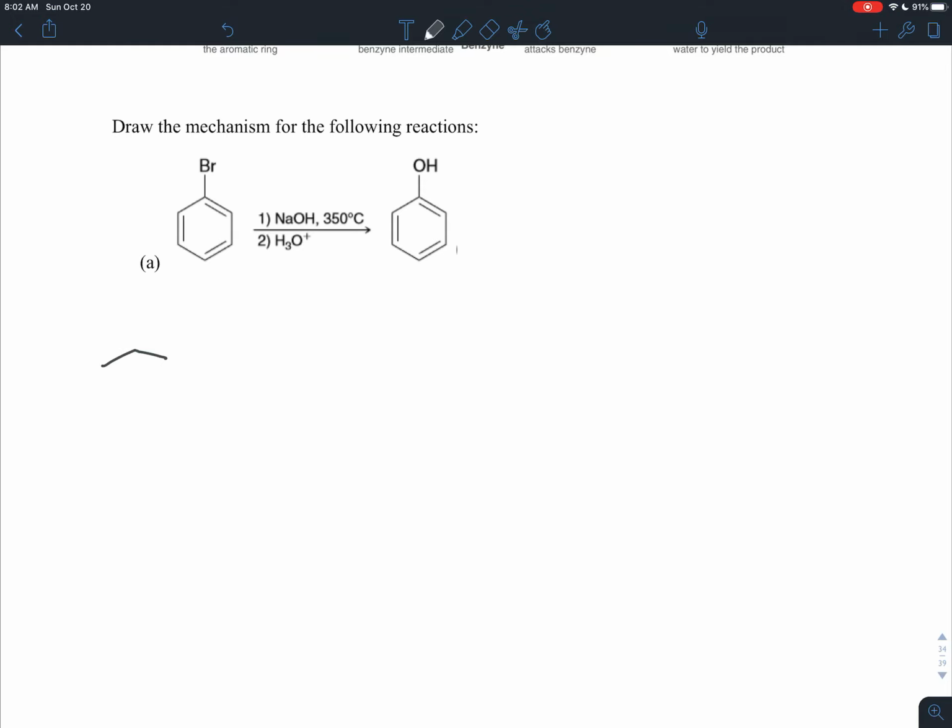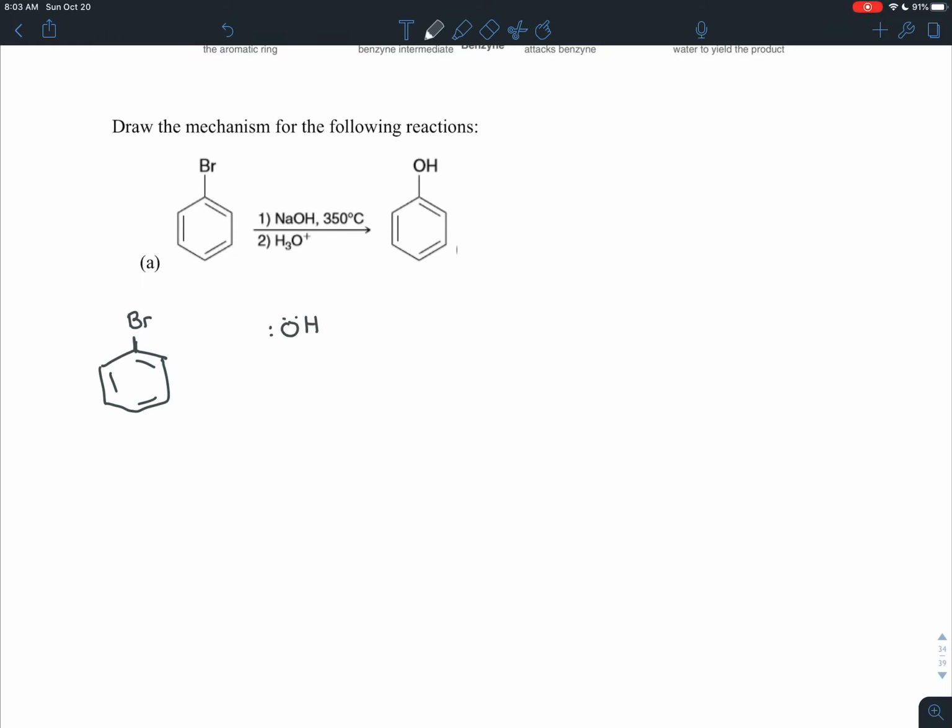Okay, well, let's think about how that could happen. We have our benzene with our leaving group and no strong deactivators, or I should say no strong electron withdrawing groups on it. So we're going to just heat it up. We're not doing nucleophilic aromatic substitution, we're doing elimination addition. NaOH, that's an ionic compound.